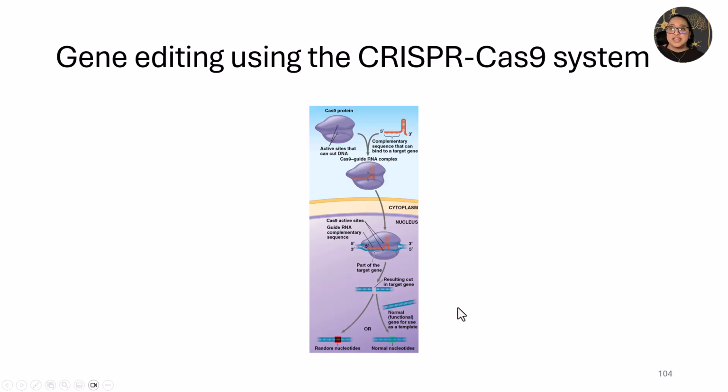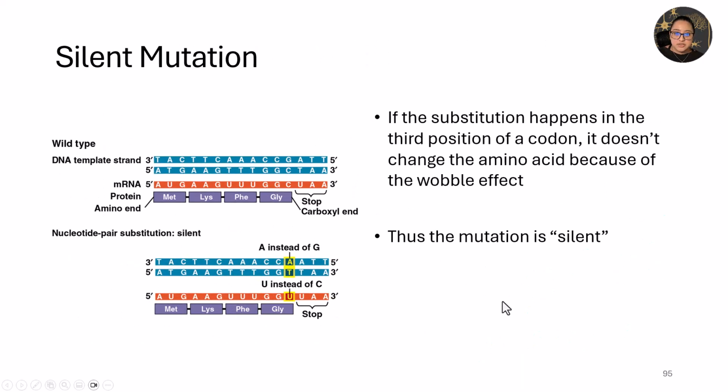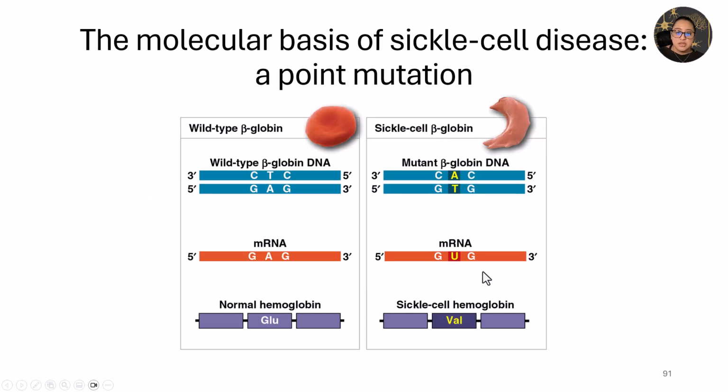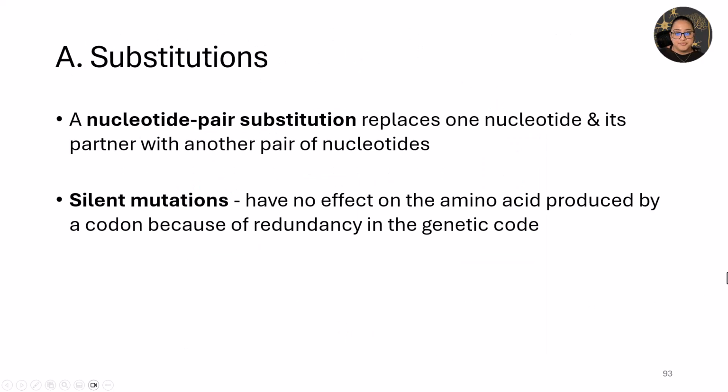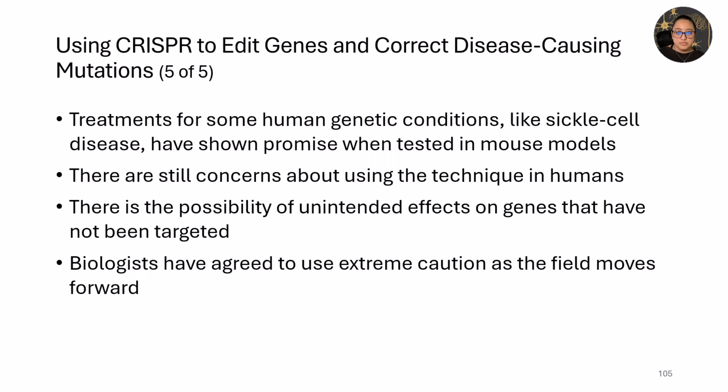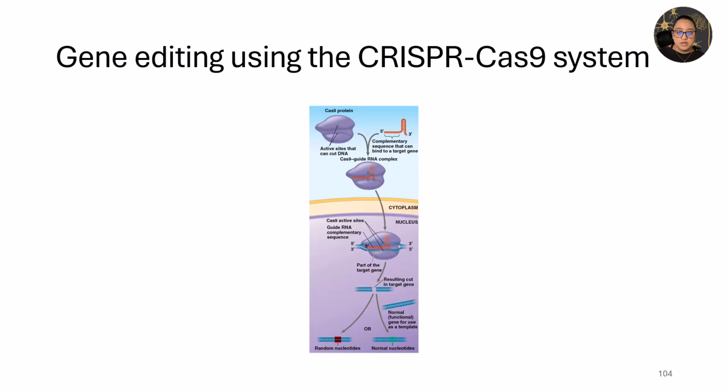So say, for example, the trait for sickle cell disease, it might be able to make a break here and then fix this sequence back to the correct one. So that's CRISPR-Cas9.